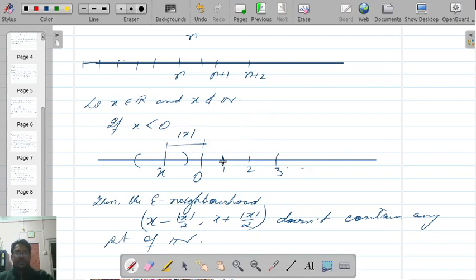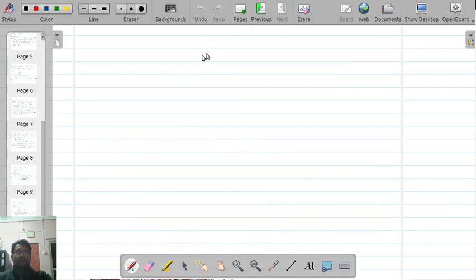Now if x is a positive real number, then what can we do? In that case we can take the difference between these two values. Any positive real number will lie between two natural numbers, or two integers.